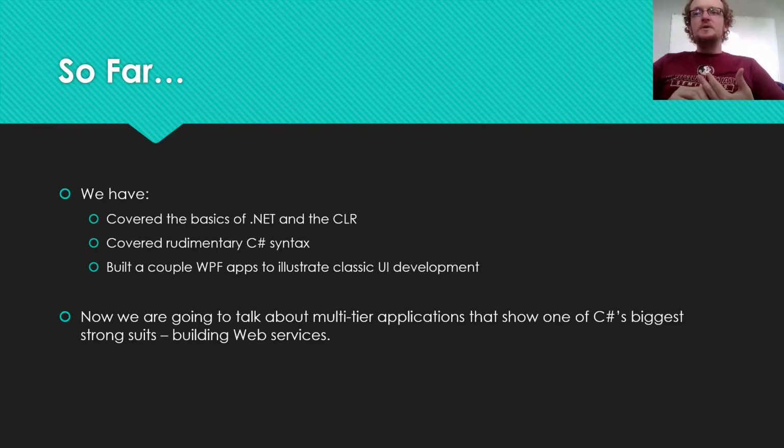We've also looked specifically at WPF applications, and so we've built a couple of thick client applications. And what we're going to talk about today is moving from thick client application development to full tiered web development, and all of the philosophical changes that you have to make in order to make that shift in your head.